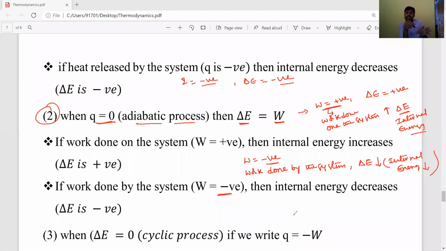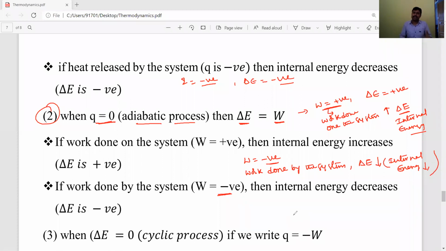So if Q is equal to 0 in an adiabatic process, if work is done on the system, means some work is going on the system, then internal energy will increase. If the system is only doing some work, means work is negative, then internal energy will decrease.